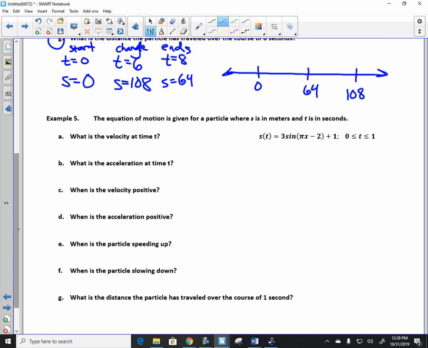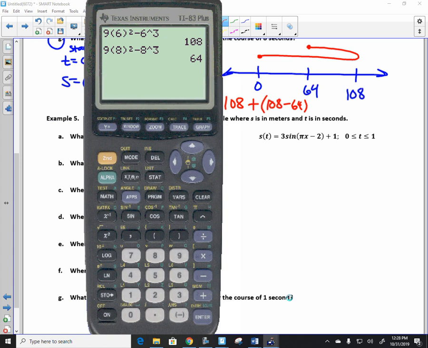So if you want the total distance traveled, and a lot of you actually figured this out yesterday working through this type of problem, which was great. I go 108, and I add on to that whatever 108 minus 64 is. I get that, and I add 108 to it. 152 is my total distance traveled.